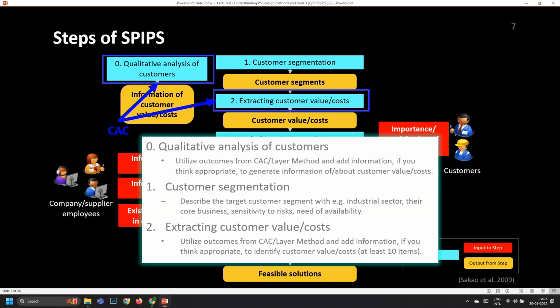And as I added here, customer activity cycle, CAC, this is what I assume you have already done. Right? You, at least to some extent, analyzed the customers that you are considering, and you extracted customer values. Right?